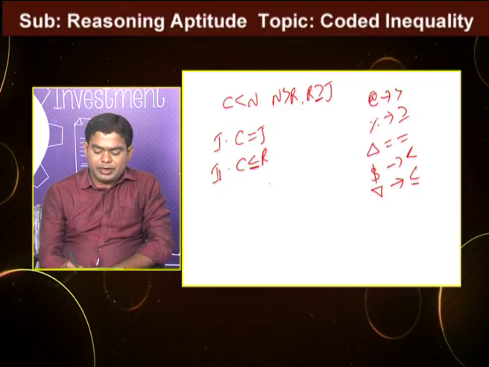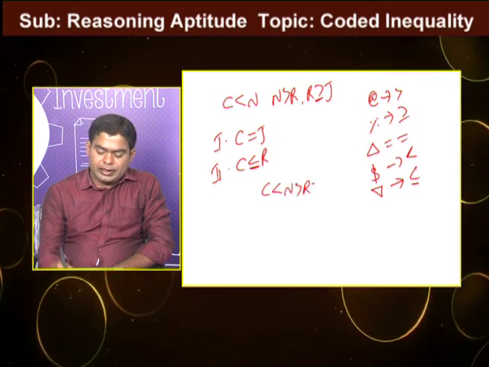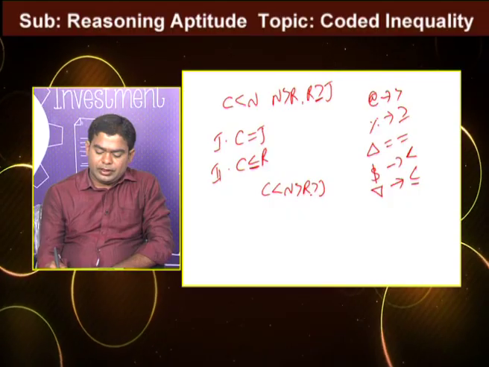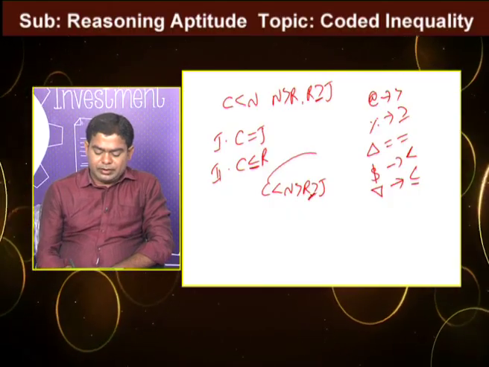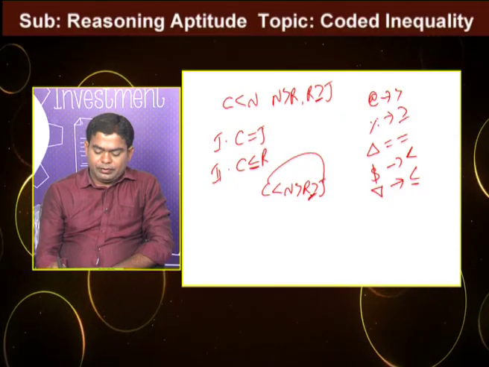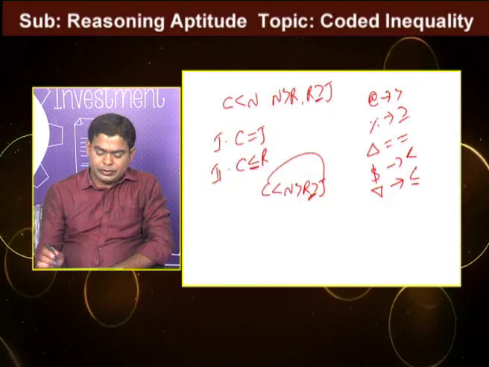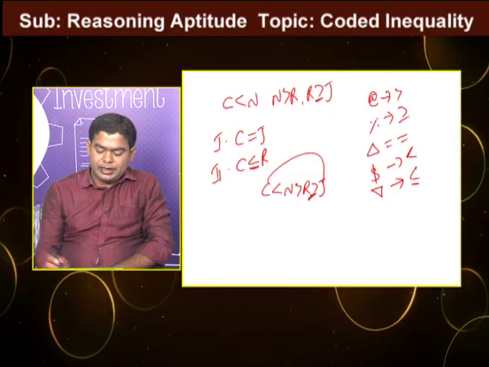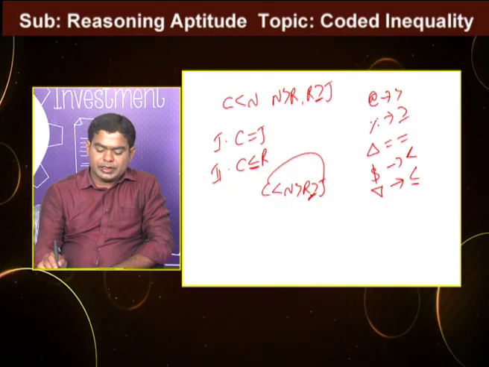So first of all we combine the given statement: C less than n greater than R greater than or equal to J. In this combined statement we verify the relation between C and J. By observation, less than is there, greater than is there, greater than or equal to is there, that means opposite symbols are there, no relation.